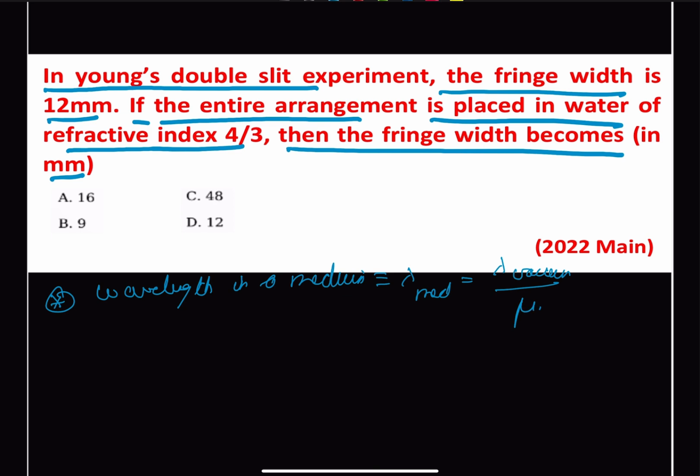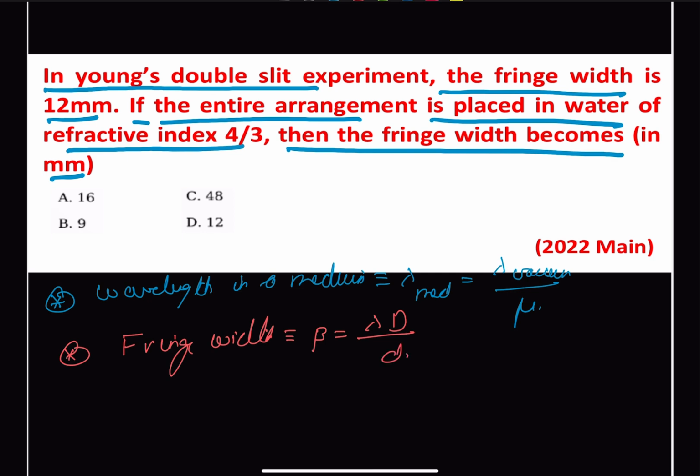And we also know that our fringe width, that is our beta, is equal to lambda capital D upon small d.